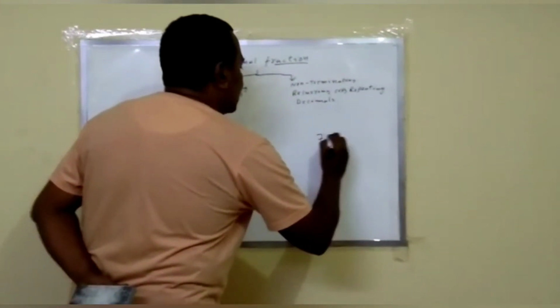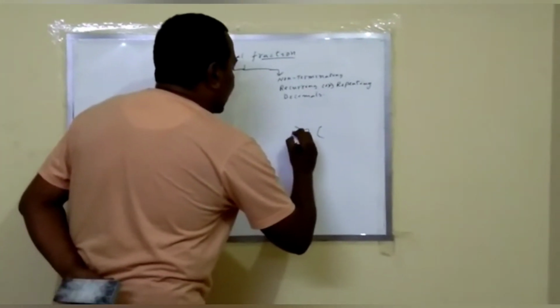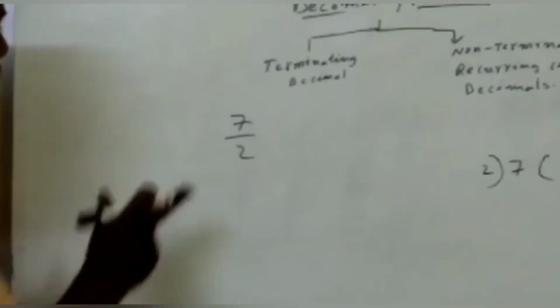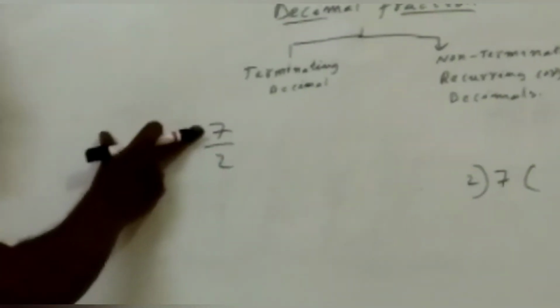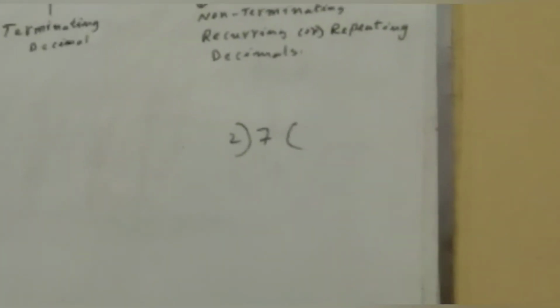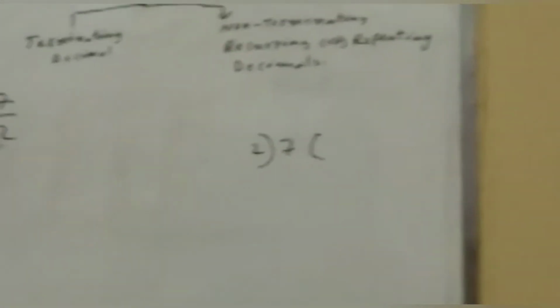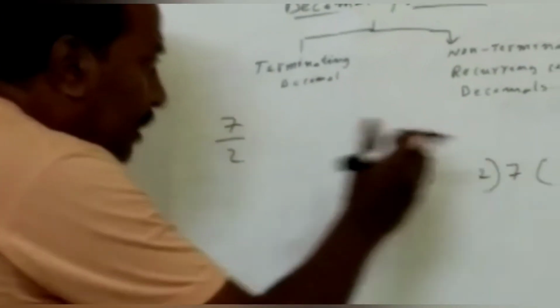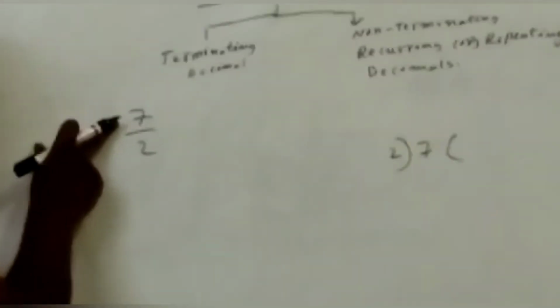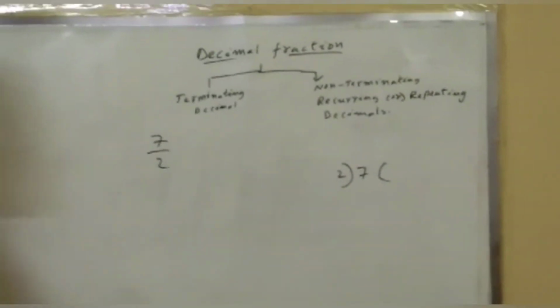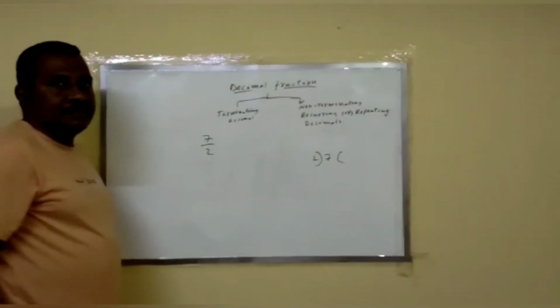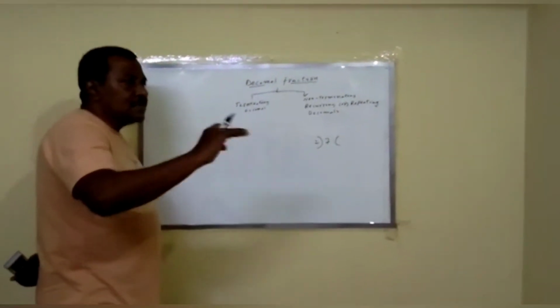Simply divide the numerator by the denominator. Always remember, the numerator is the dividend and the denominator is the divisor. The numerator is divided into certain equal parts.